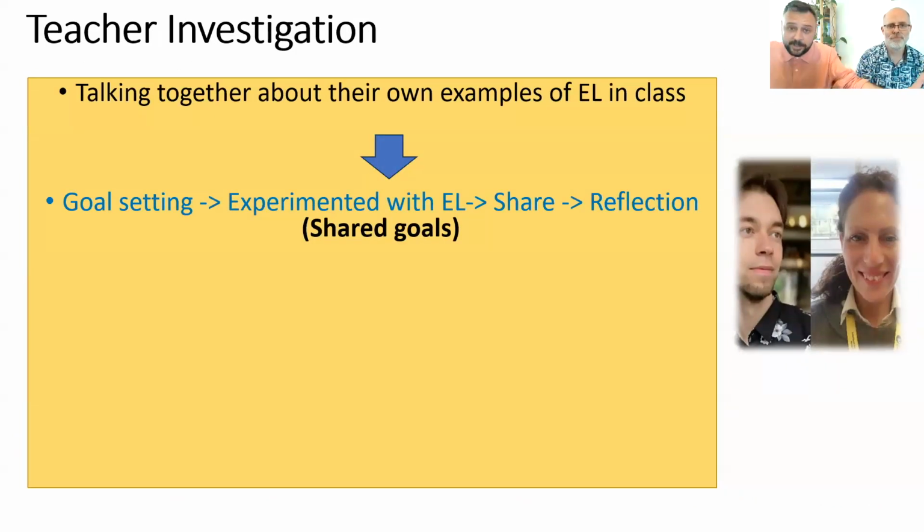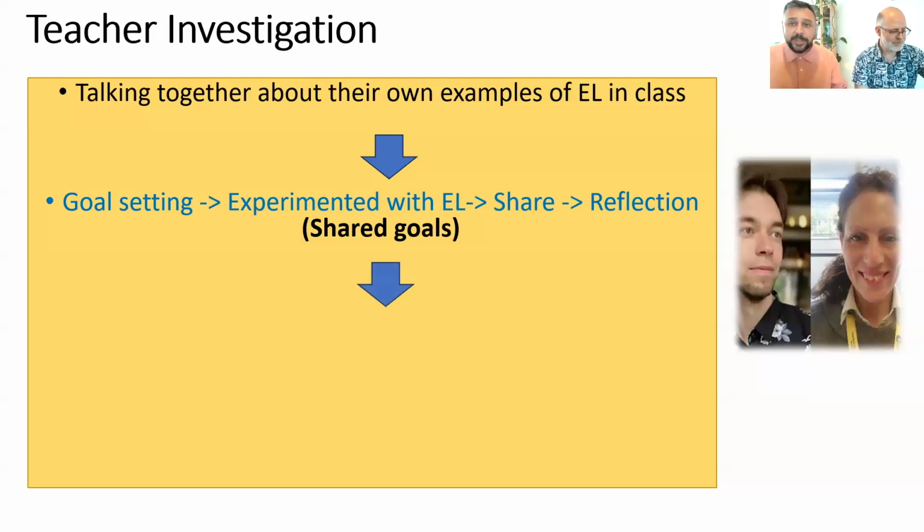Then they went and experimented in class. They came back and shared, and then they reflected. This was an iterative cycle, which is really interesting because what they're doing is a form of exploratory practice, or we could say a type of action research, where they had shared goals to discover elements about their practice regarding emergent language.